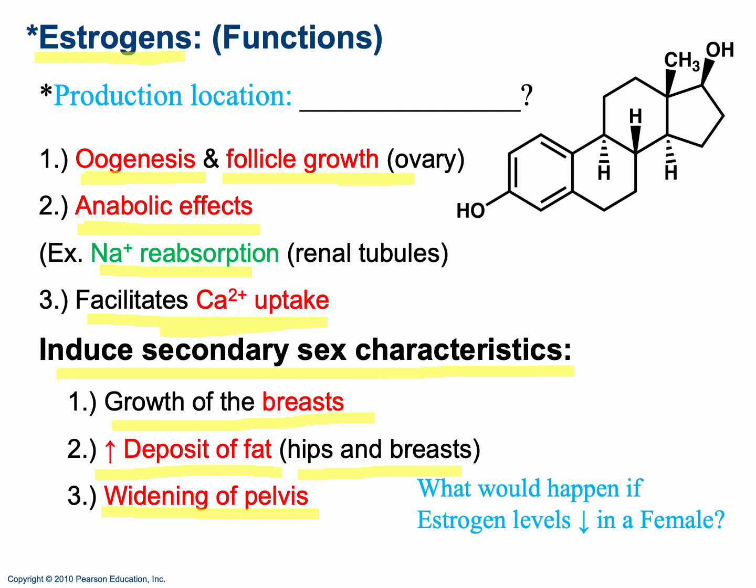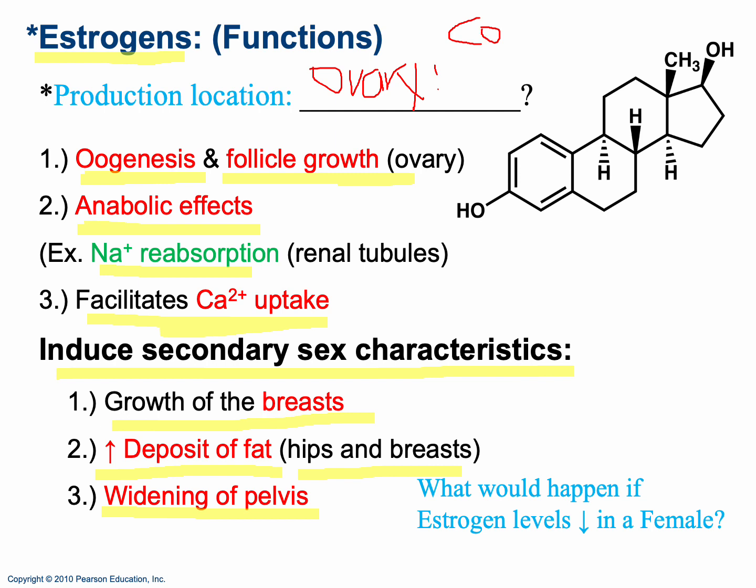You may also be asking yourselves, well, where is estrogen produced? Remember we mentioned in the ovaries, and within the ovary, again, that's going to be the corpus luteum, right?